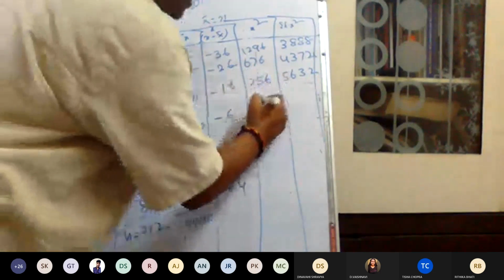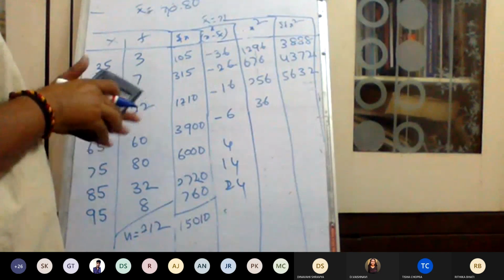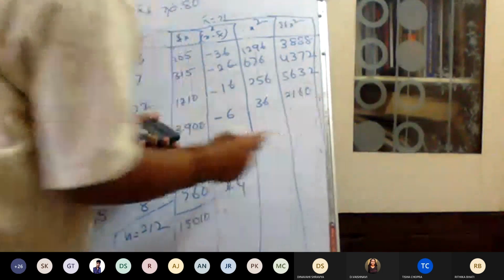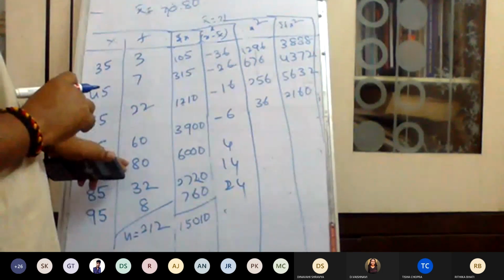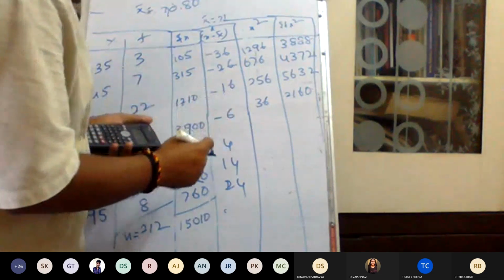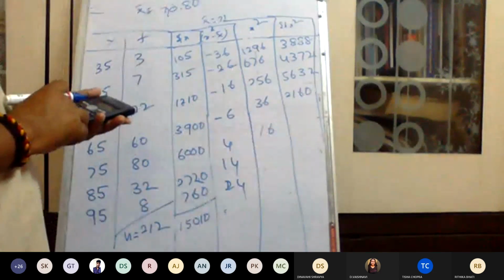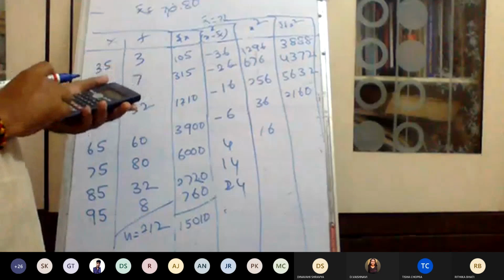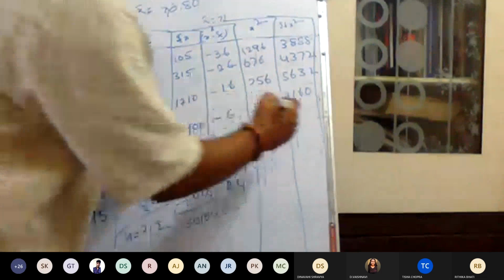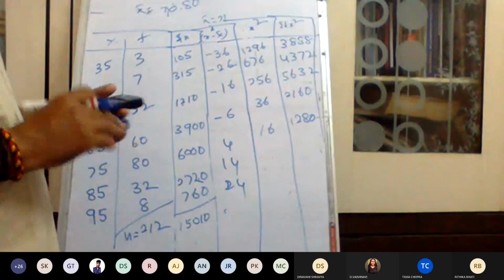Next, 36 into 60 is 2160. 4 into 4 is 16, 16 into 80 is 1280.